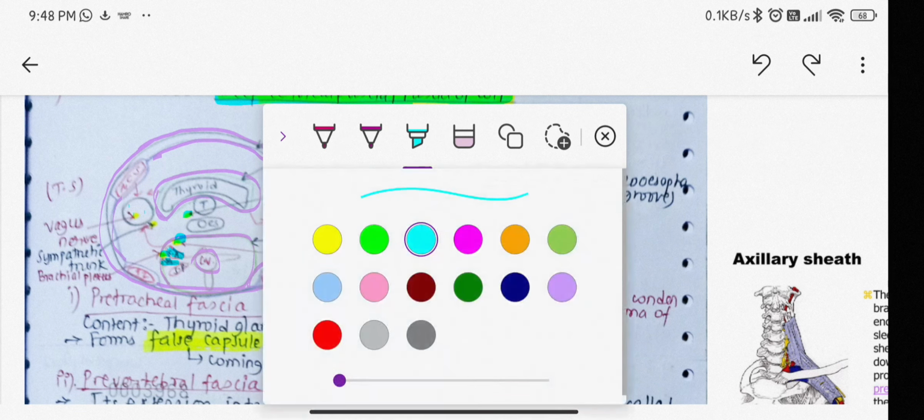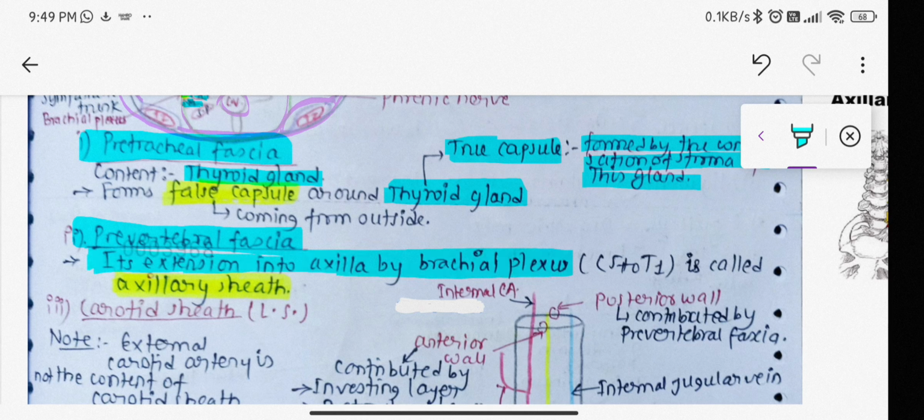And the next fascia we have is the prevertebral fascia, just anterior to the vertebra. Now the extension of this prevertebral fascia into the axilla along the brachial plexus, which is formed by C5 to T1, is known as the axillary sheath. So the axillary sheath is the extension of the prevertebral fascia.